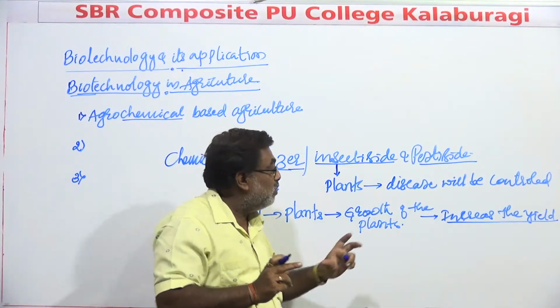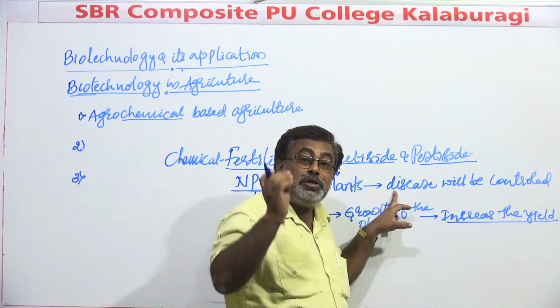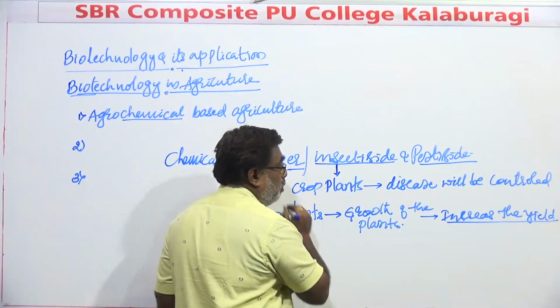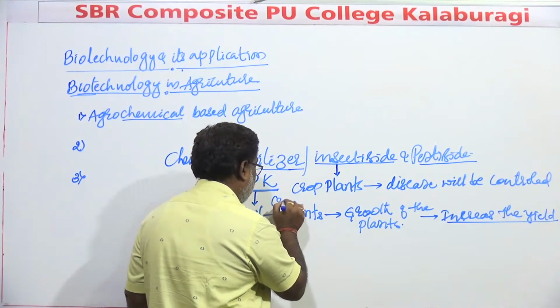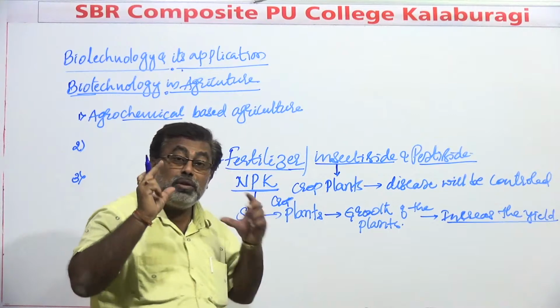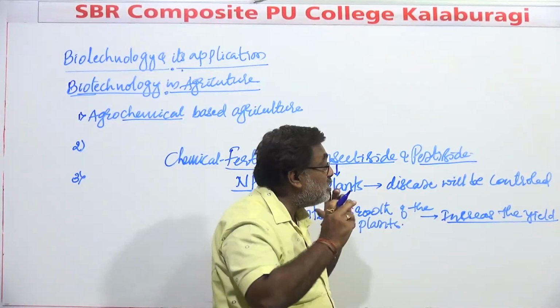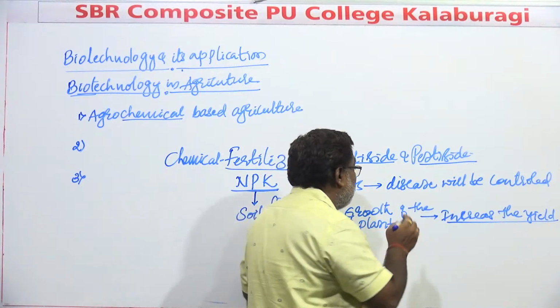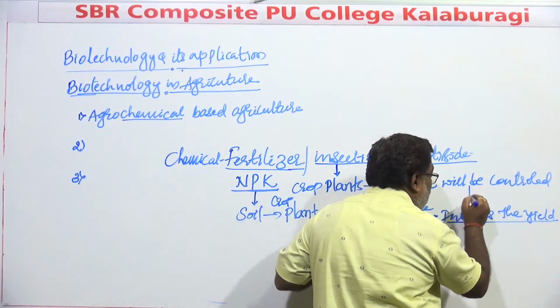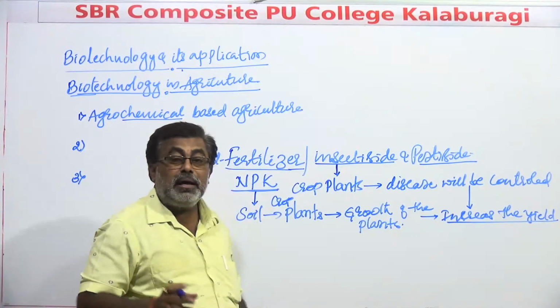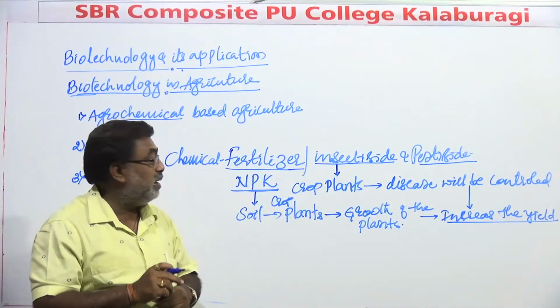The disease which will occur to the crop plant will be controlled. As the disease will be controlled, what happens? From this plant, the increase in the yield will take place.